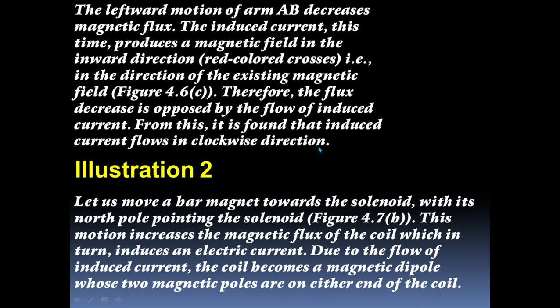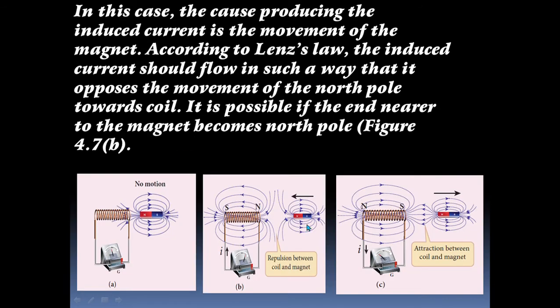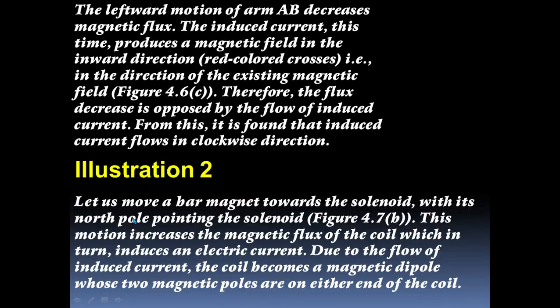Then, illustration 2. Let us move a bar magnet towards a solenoid. A solenoid is a long, closely wound helical coil. Let us move the bar magnet towards the solenoid with its north pole pointing towards it. This motion increases the magnetic flux of the coil, which in turn induces an electric current.